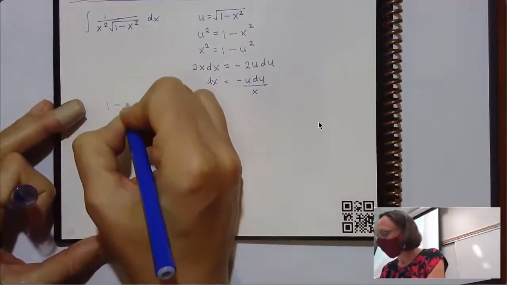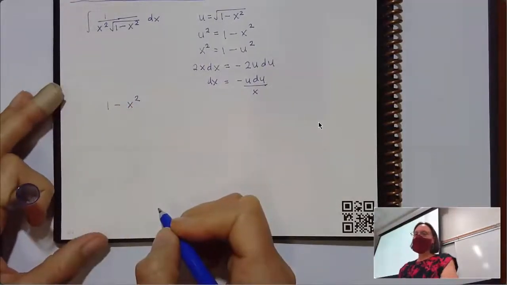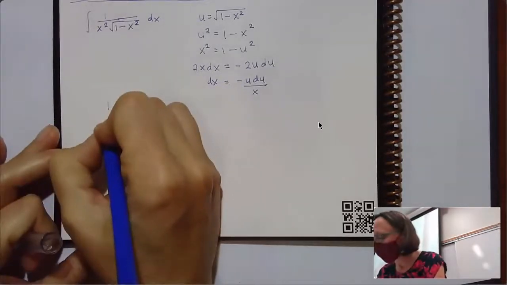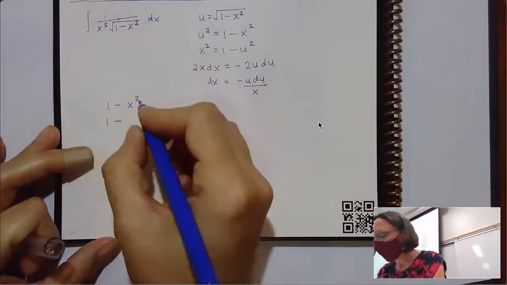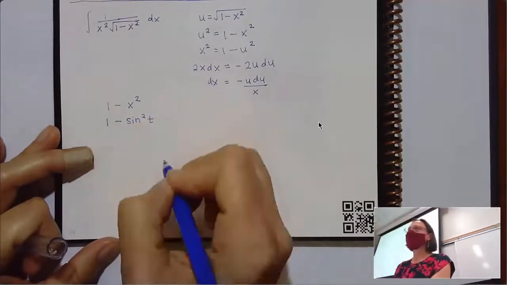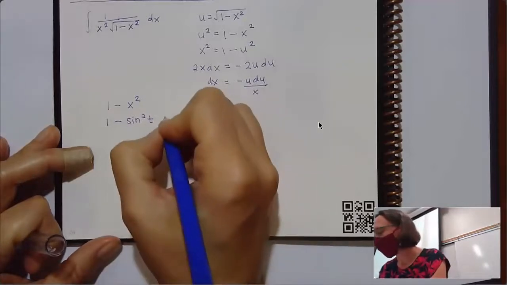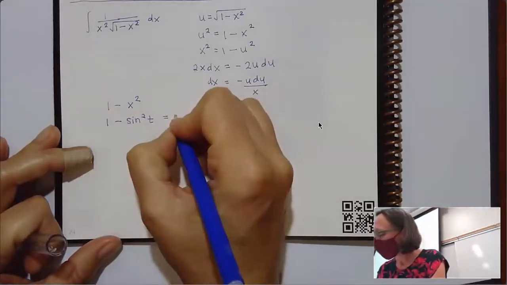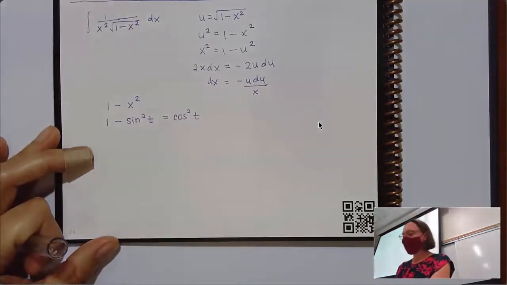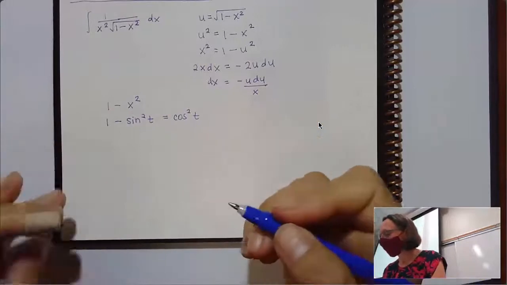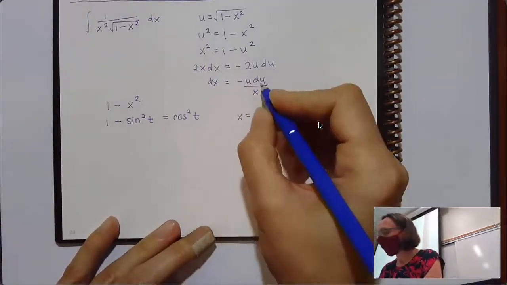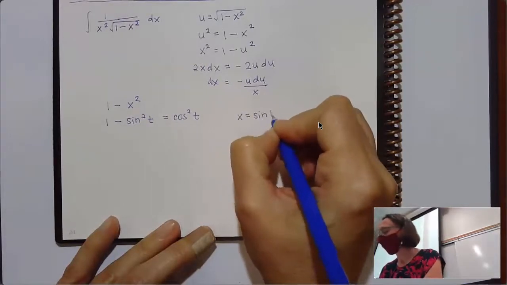I know that 1 minus x squared, if I reimagined that to say 1 minus sine squared of something, would be equal to cosine squared of the something, which means I'm going to make the substitution to let x be equal to sine of t.